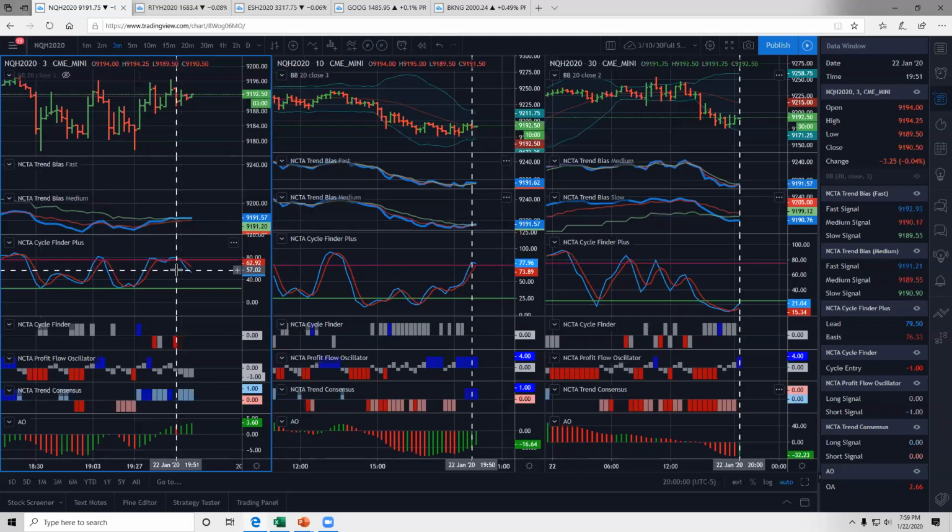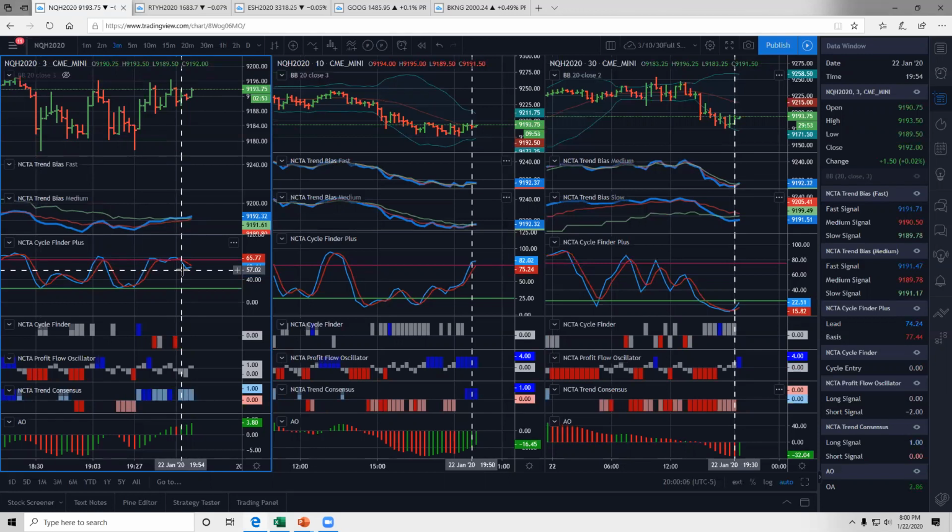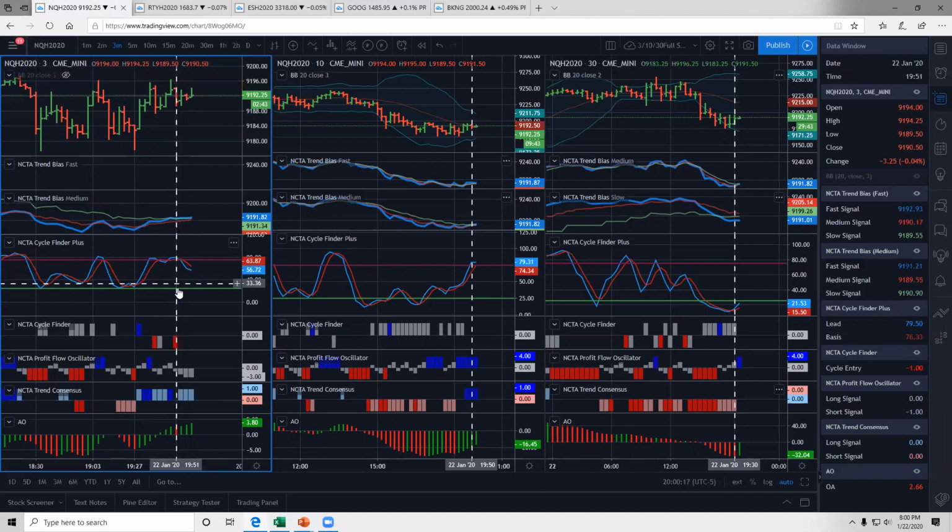There's no guarantee whatsoever in what I'm about to say, but there's a high percentage chance that if you do get stopped out two or three times in a row for a couple of points here or a point there, I promise you it's coming. Unless we have a sideways day, that's just the way it is. But you're going to gain that back and more if you follow it.